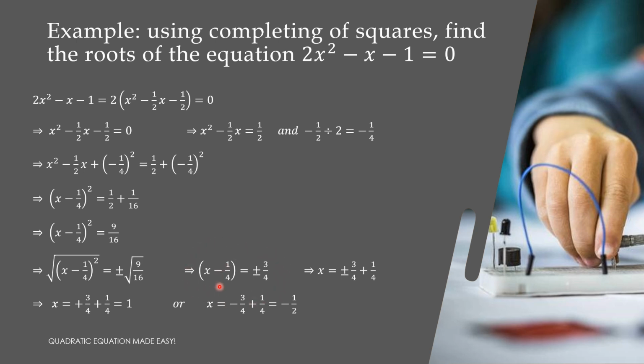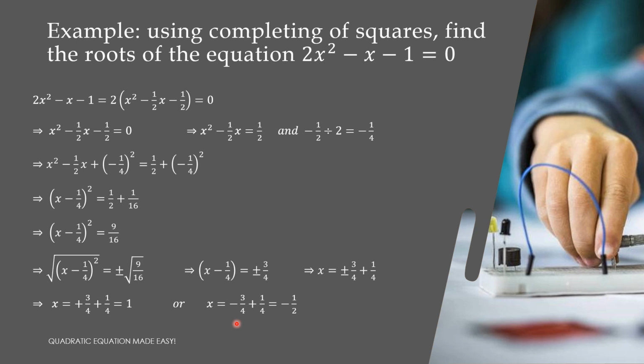So we try to make x the subject. Making x the subject will be equal to plus or minus 3 on 4 plus 1 over 4, because when negative 1 over 4 crosses the equal sign, the sign will now change to be positive. So we take the plus and we also take the minus. We perform the operation and the result will give us 1.